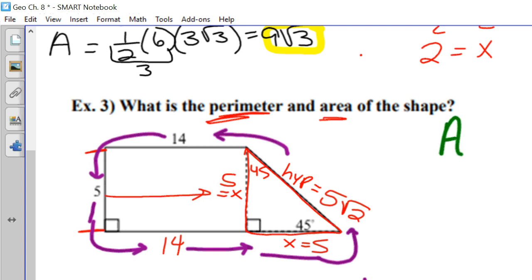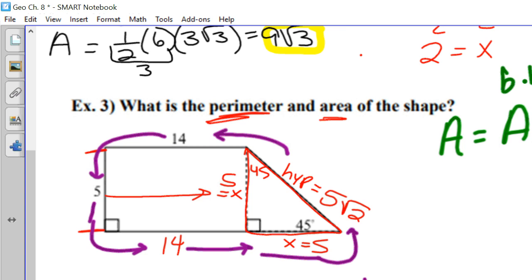Okay, the area of this is going to be equal to the area of the rectangle plus the area of the triangle. Area of the rectangle is base times height. Area of the triangle is 1/2 base times height. We're going to put those two areas together to get our total area.